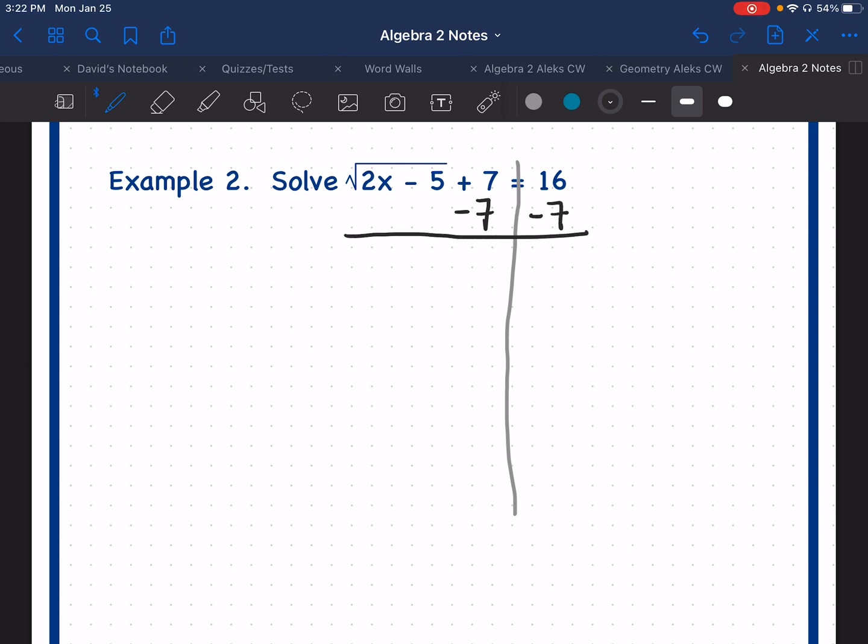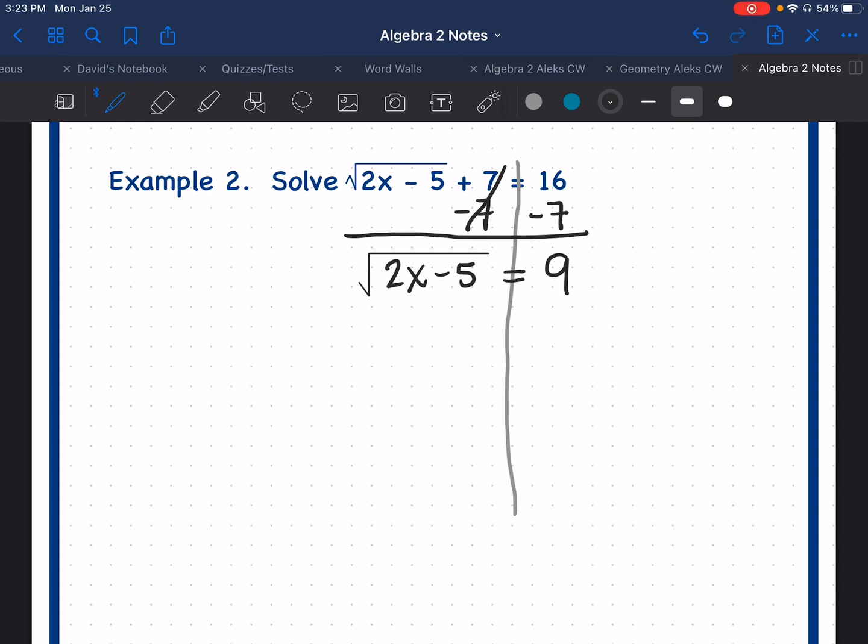So the first thing I'm going to do is subtract 7, leaving me my square root and my 2x minus 5 is underneath it, and 16 minus 7 is 9. Now the next thing I need to get rid of is the square root.